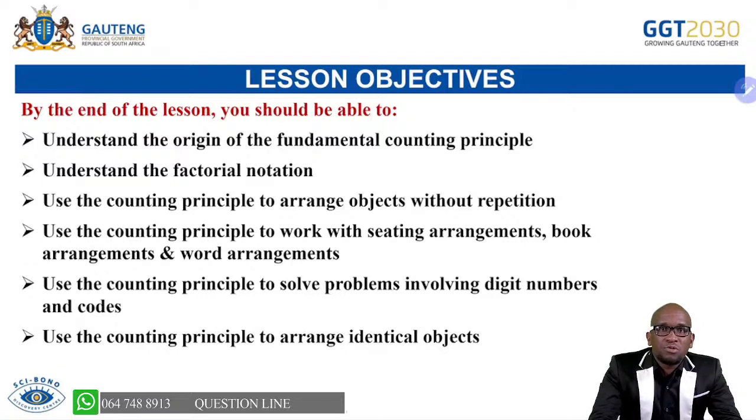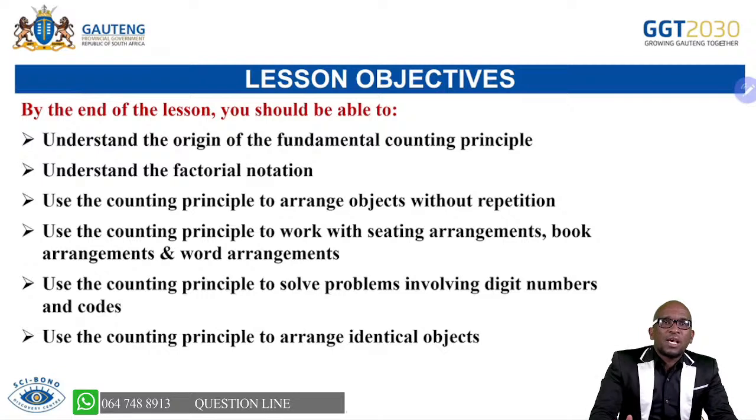You should be able to use the principle to work with sitting arrangements, book arrangements, and word arrangements. You should be able to use the fundamental counting principle as well to work with digit numbers as well as the codes. You should be able to use the fundamental counting principle to arrange identical objects.